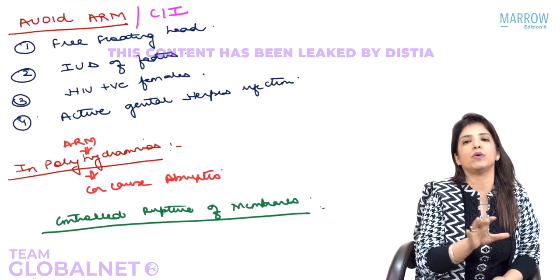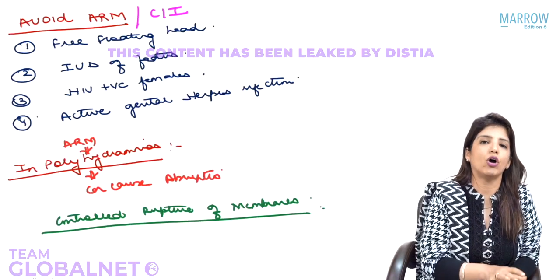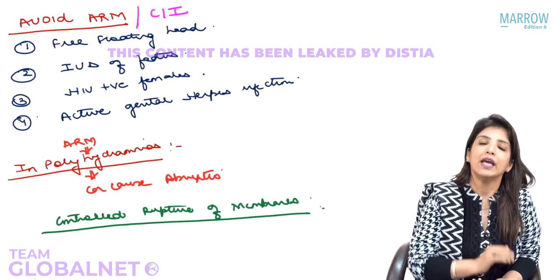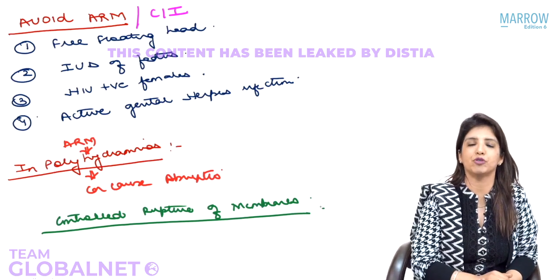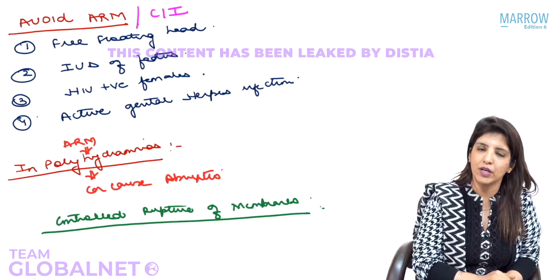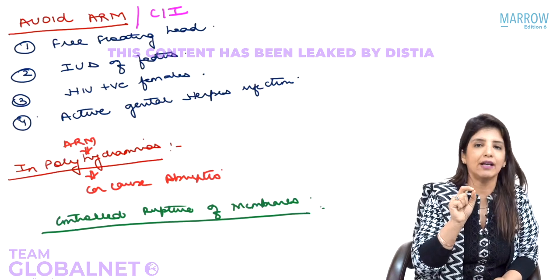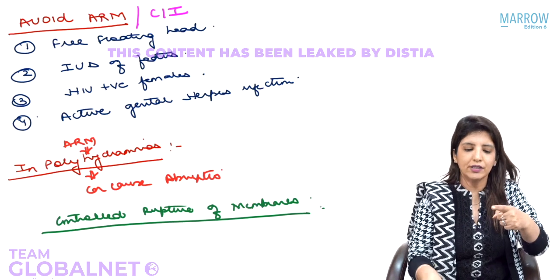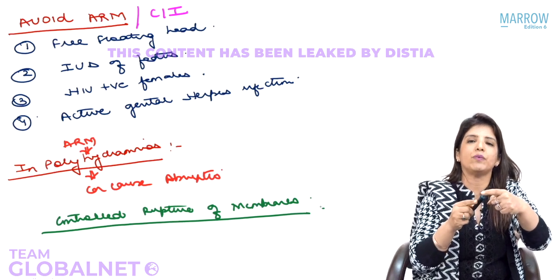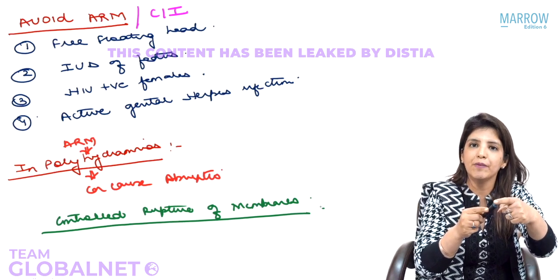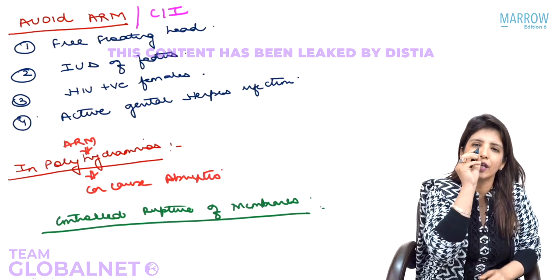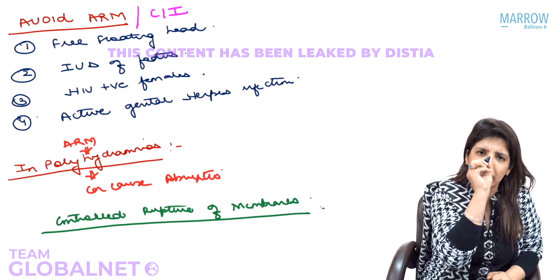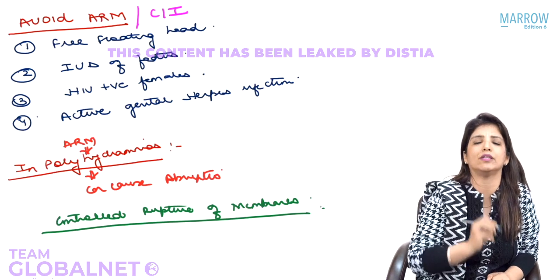Same principle we have to adopt in polyhydramnios patients. In polyhydramnios patients, we do not have to suddenly rupture the membranes. What we do is we take a needle and a syringe, we guard the needle with our fingers and we take it inside the mother's vagina, and with the tip of this needle, we make a very small hole on the membrane.